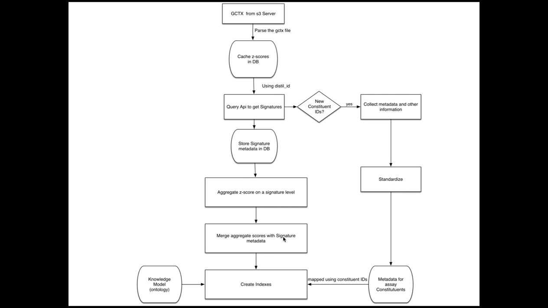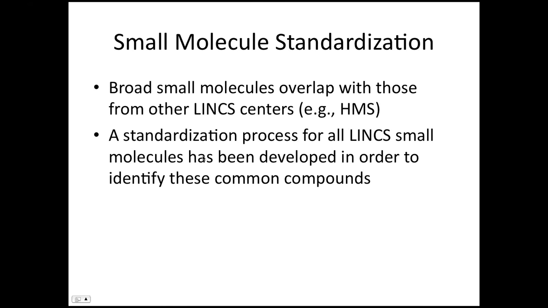Okay, and then we create indexes using various other input sources like ontologies and data from other centers available for the signature, and then index those based on the type.